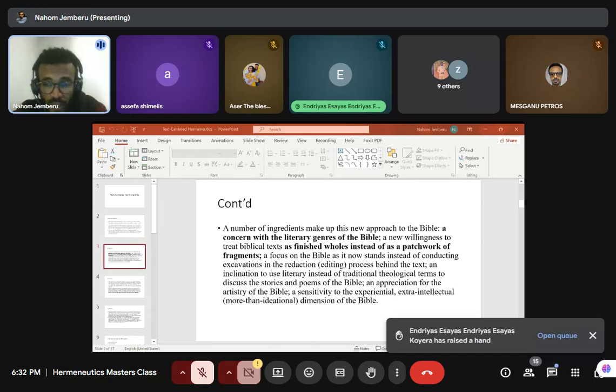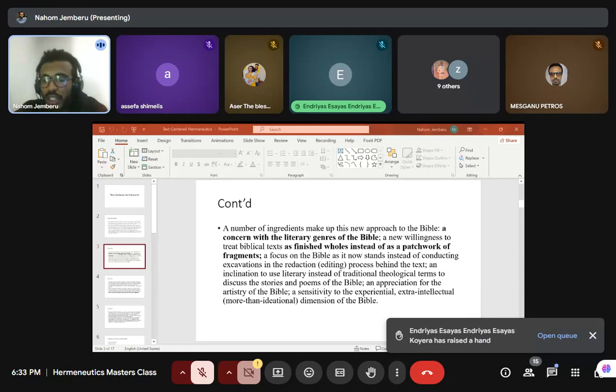In addition to this, it focuses on the literary genres of the Bible, of a certain text. It emphasizes that literary genre matters, form matters. So it tries to understand the Bible as literature, a literary reading of the Bible. It assumes that the biblical writers wrote using the literary conventions of their time.